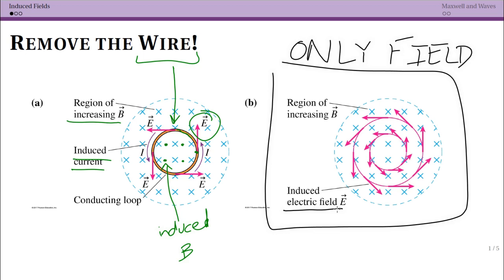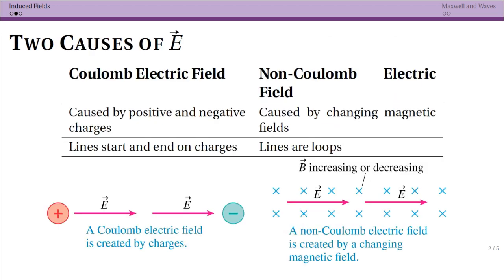So let's try to understand some consequences of that. So now we have two causes of electric fields, and we need to understand the difference between them, kind of compare and contrast. For simplicity, we're going to call them the Coulomb electric field and the non-Coulomb electric field. So clearly, two different types. We should be able to put all electric fields in one or the other. So the Coulomb electric field, that word should remind you of charges.